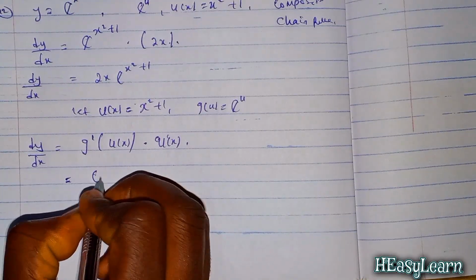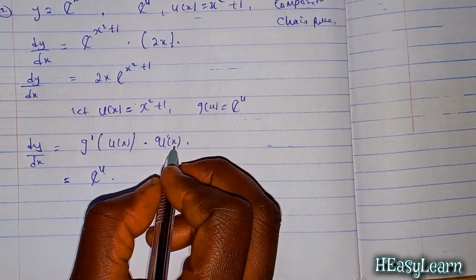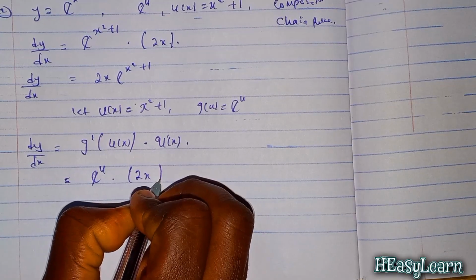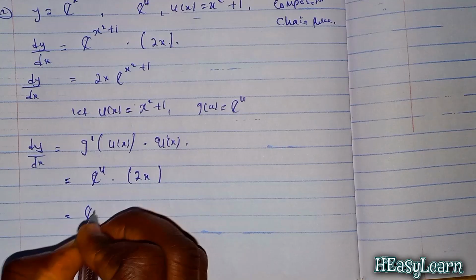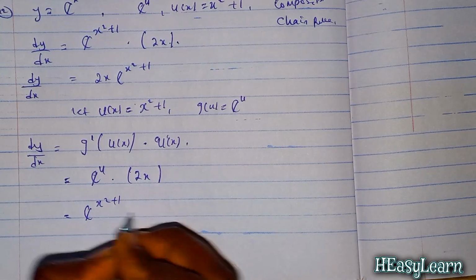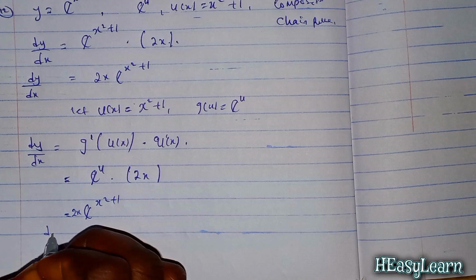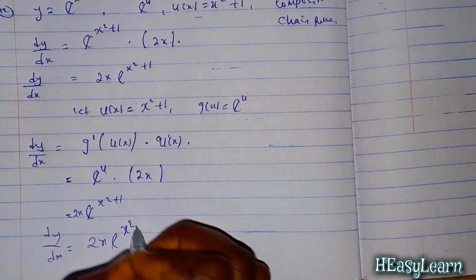Exponential u is still exponential u as its derivative. What is the derivative of x squared plus 1? It is 2x. So the derivative is exponential x squared plus 1 multiplied by 2x. So the derivative of the function is 2x exponential x squared plus 1.